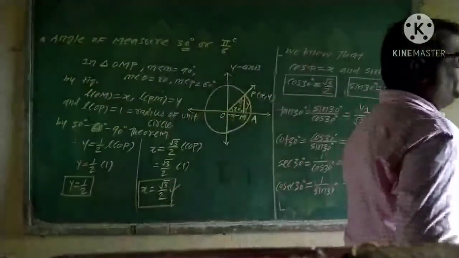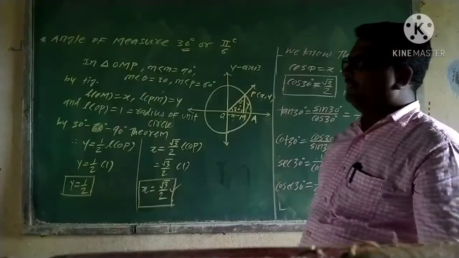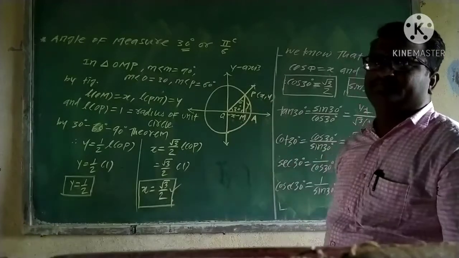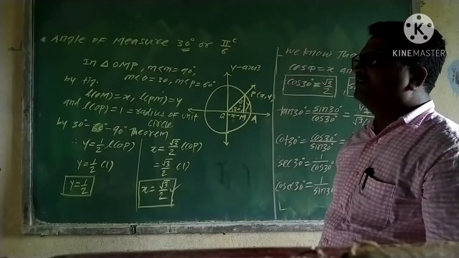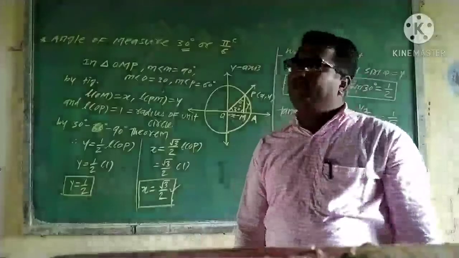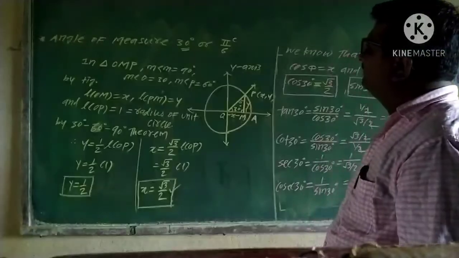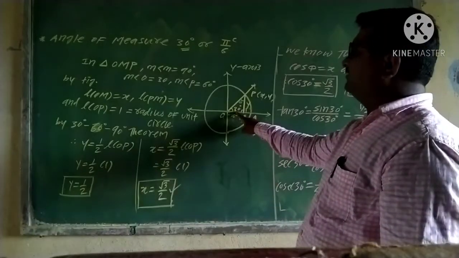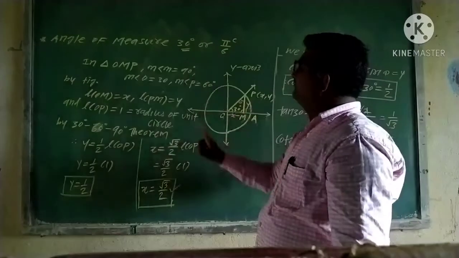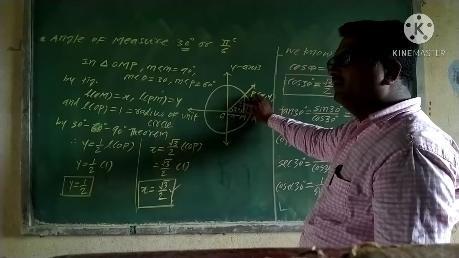Now we move to the next term. Same, we have to find the values for the angle of measure 60 degree. To find the value of the angle of measurement 60 degree, we have the same figure, we have 30 degree, replace that with 60 degree, and this angle, that is 90, this other angle becomes 30 degree.